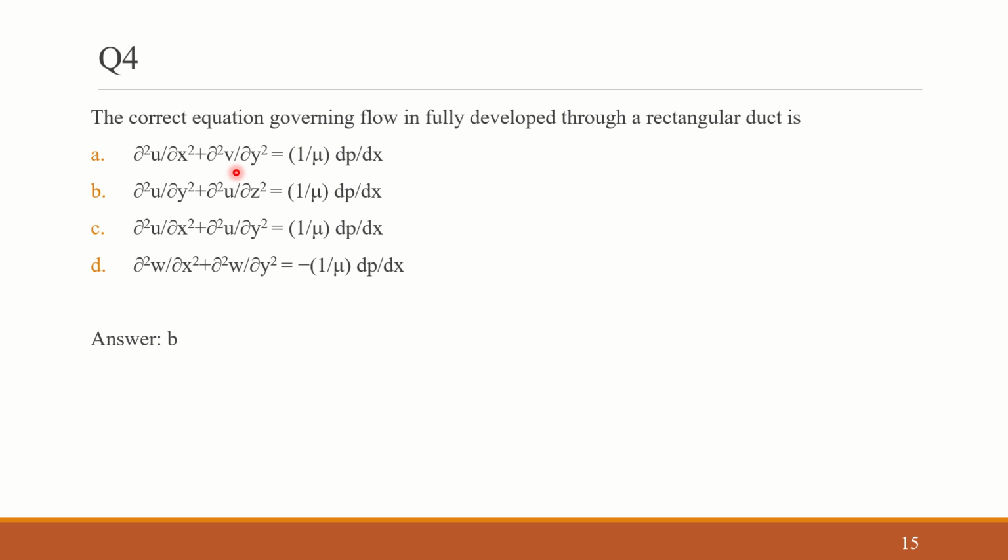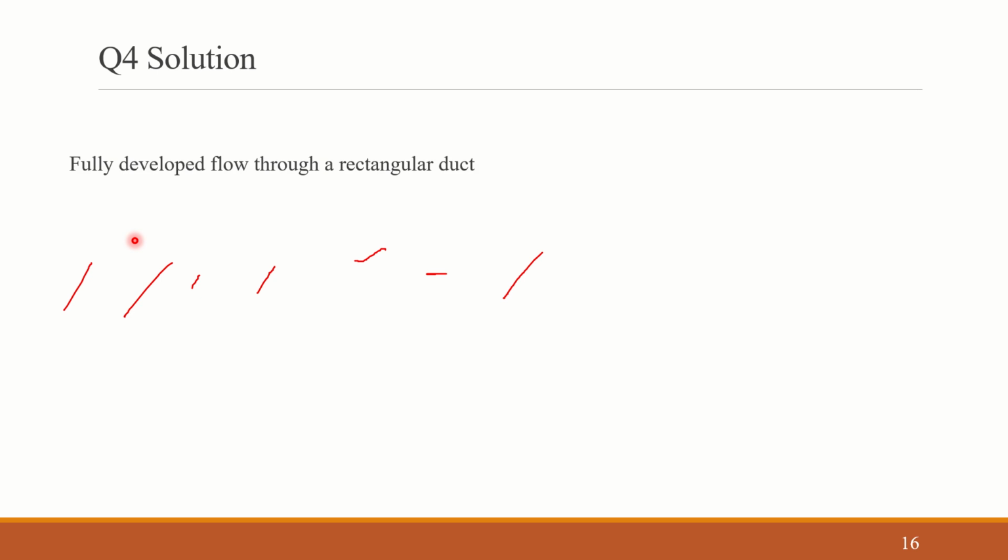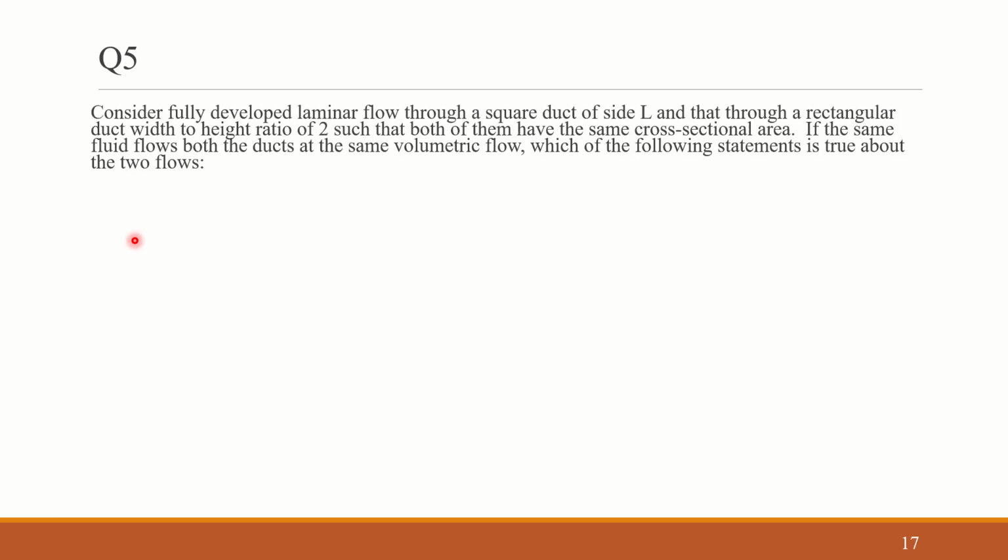I am talking about this particular case. So this we can reject, and again this has w varying with x and y, but here it is dp by dx. So again it is a false statement. In that manner, we can reject a few options clearly and come to the conclusion as well. Answer is option B. Now we will go to question 5.